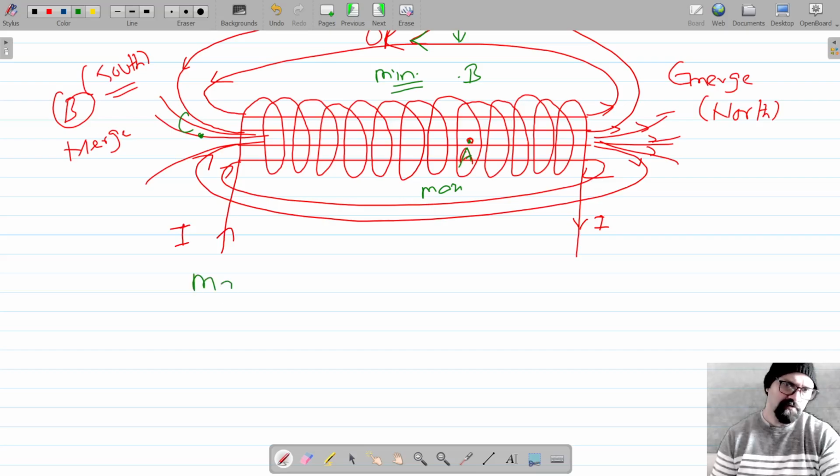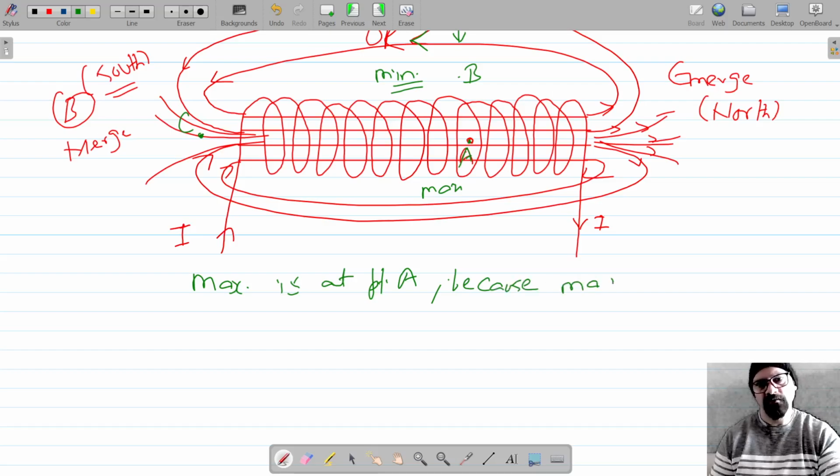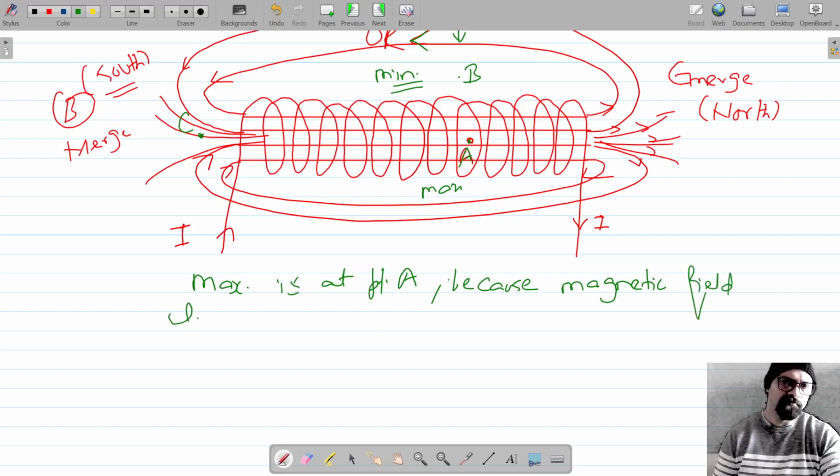And the reason is that the degree of closeness gives the strength of the magnetic field.